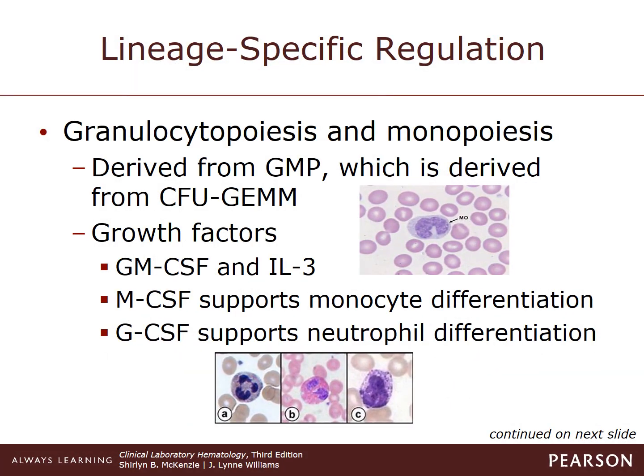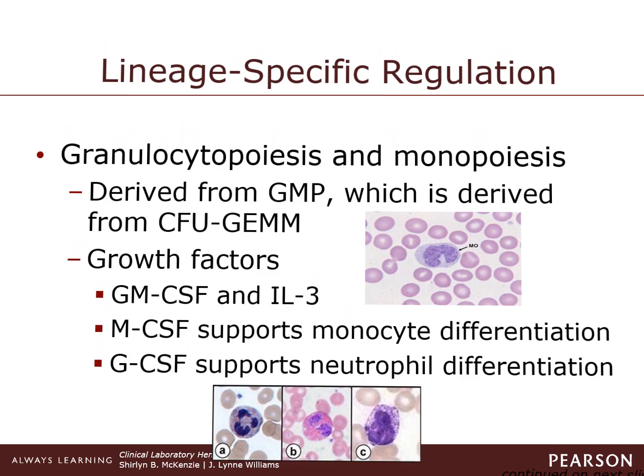Granulocytes and monocytes come from the same progenitor. They're derived from the granulocyte-monocyte progenitor, which also is derived from the colony-forming unit, granulocyte and monocyte. They have specific growth factors that help support their differentiation. As you can see, granulocytes have a specific designation, and so do monocytes.